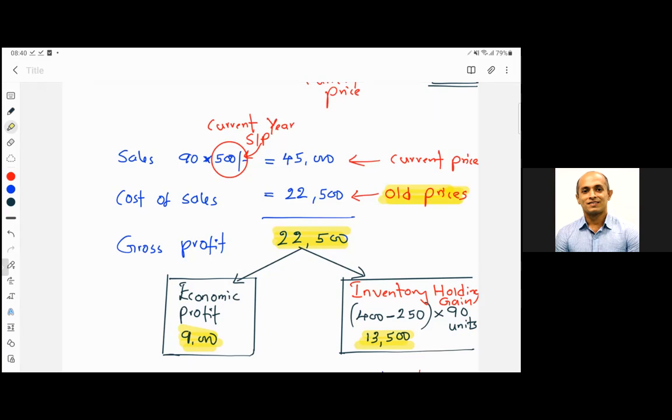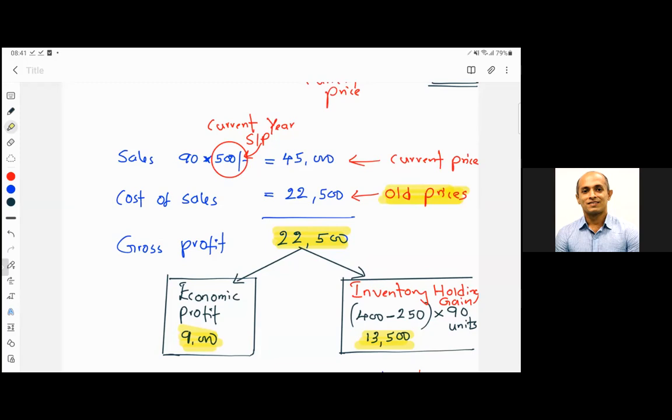So remember, when you are using the profit values to calculate ratios, to do common size analysis, to do trend analysis, you have to be very careful about inventory costing. If the company follows FIFO, profit may include inventory holding gain.